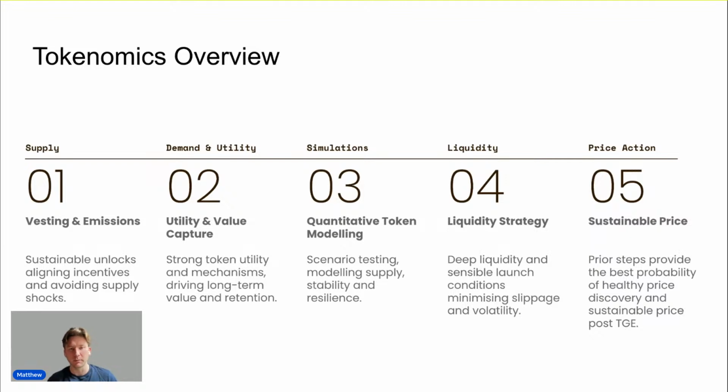And this can be as simple as a basic Excel where we consider what the monthly sell pressure of our token could be, or the monthly staking yield, all the way down to a digital twin programmed in a programming language of your choice to really try to simulate as much as possible our token economy.